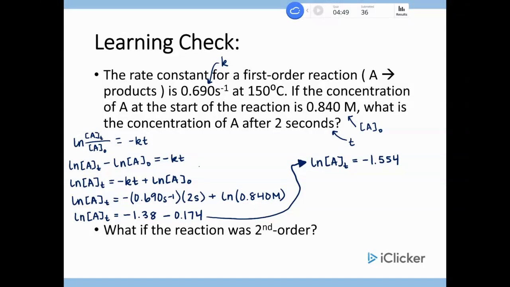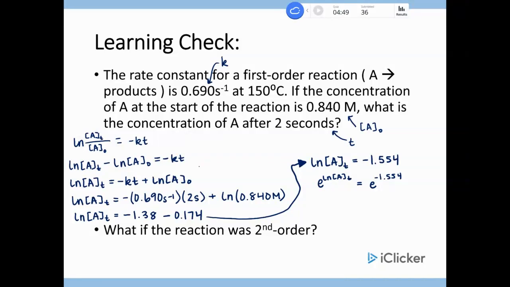We need this concentration, this variable, on its own, not part of the natural log, to cancel out the natural log part of this equation. We raise e to the power of both sides of the equation. So we have e, that's a function in your calculator, to the natural log of concentration at time t is equal to e to the negative 1.554 power.